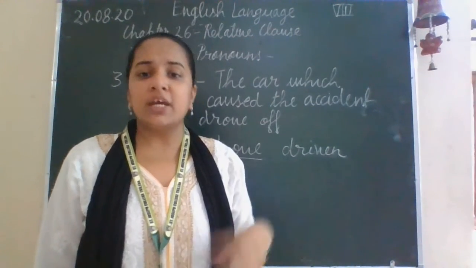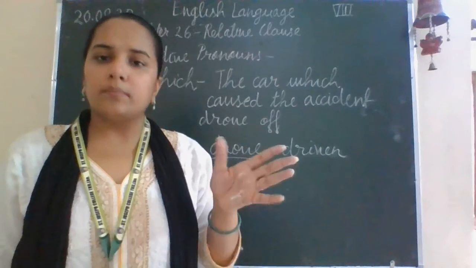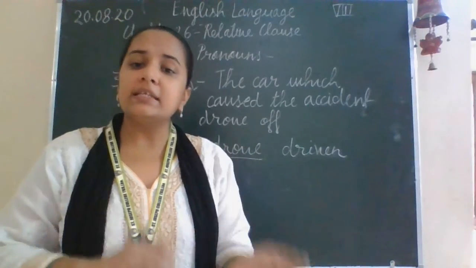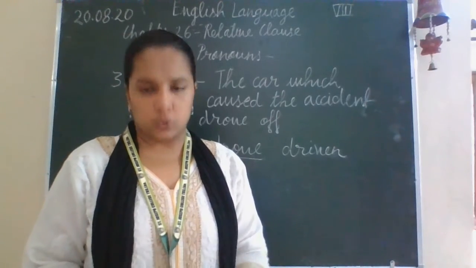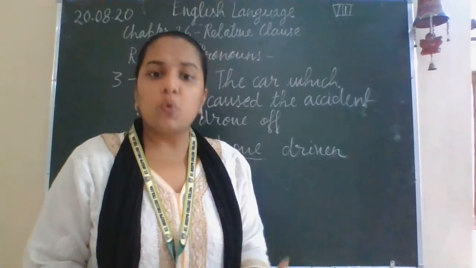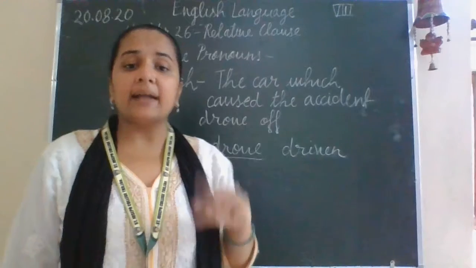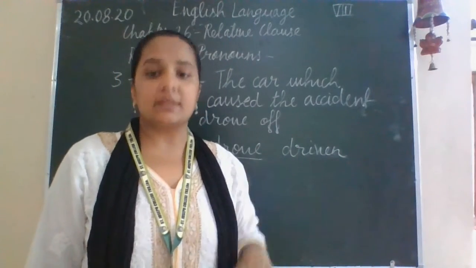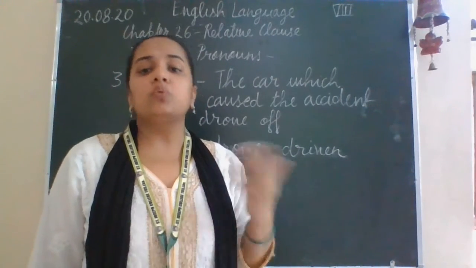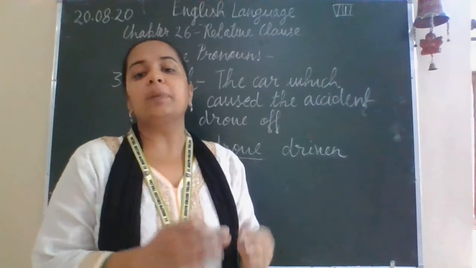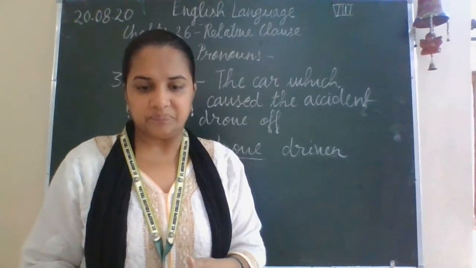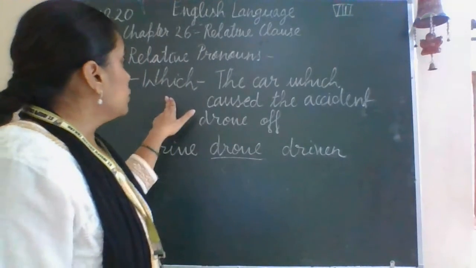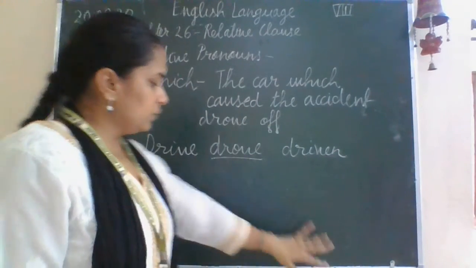So you can use which and that interchangeably at the place which you find suitable. We can discuss more about the use of that and which when we will be doing the exercise. Then the doubt will be clear to you that at what place we should use that and what place we should use which. Okay, so this way we will use which.